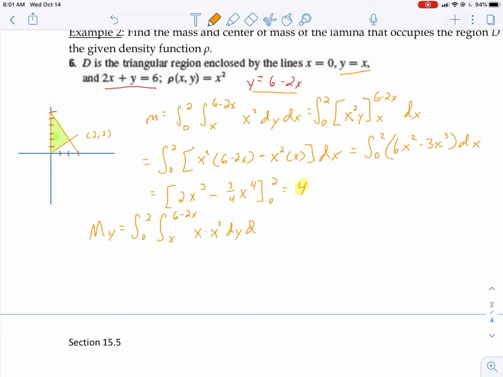So it's going to be x times x squared dy dx, which is really going to be x cubed dy. Now let's integrate it. From 0 to 2, I'm going to have x cubed y, because we're doing it with respect to y, from x to 6 minus 2x, dx.